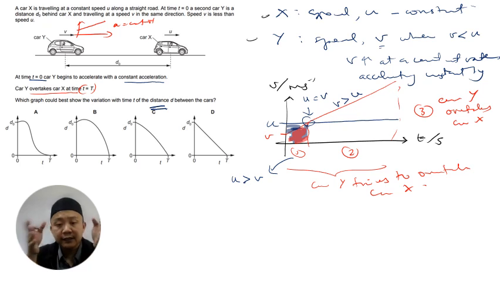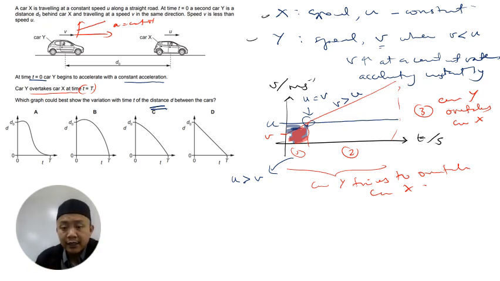The distance would be further away only during this short period of time until car Y manages to match its speed with the speed of car X. Only when the speed matches, u equals v, will car Y be able to decrease the distance between both cars, so it gets closer.